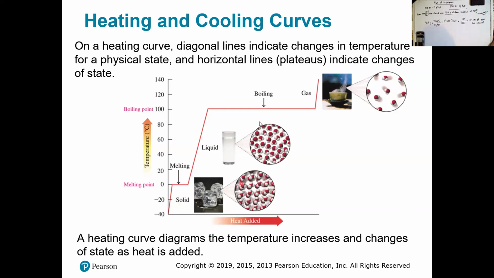So this is the representation of water, which is what we see most of the time. When you look at this heating curve, I want you to follow along with the description I'm giving you right now. Okay. So we know that water freezes at 0 degrees Celsius, right?